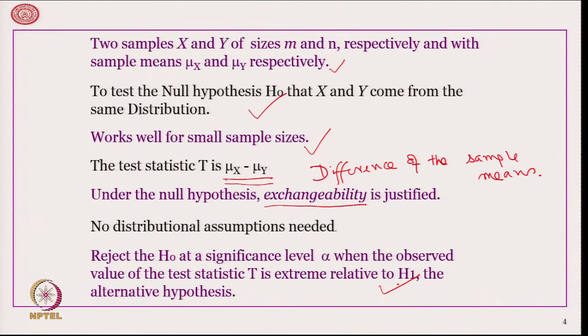Extreme means, since we are considering mu x minus mu y, if mu x minus mu y is significantly greater than 0, that means in the direction of positive, and if it is significantly less than 0, that means in the direction of the negative, then depending upon the alternative hypothesis, we will have to reject the null H naught.